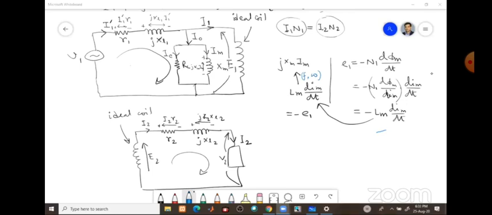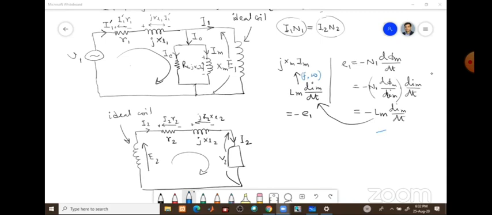But when we go for a larger number of transformers, it is not possible to handle two different circuits every time. So therefore, we'll try to merge these two circuits into one. And that will be called the equivalent circuit of the transformer. That is the most important one of today's discussion.